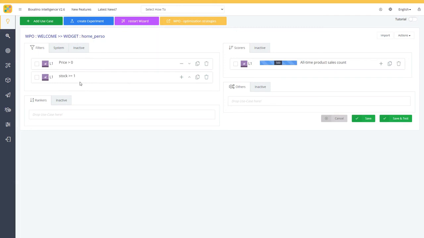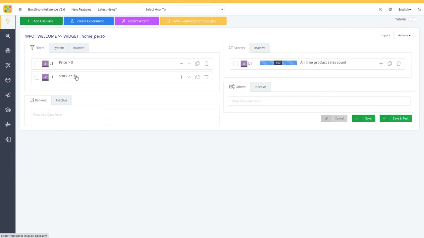So let's say that you are asking for 8 recommendations on the homepage for that home personalization widget. Then it's enough that there is 8 products in total or more, which both have a price bigger than 0 and a stock bigger or equal to 1, so that you would see all of these products matching the filters.